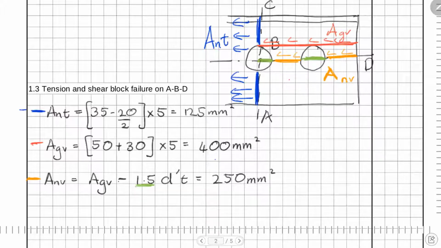Now, continuing on, we need to almost think of it as a sum of forces, so that when we pull on this section with our total force TU, or if we're going to calculate the resistance, it's TR, and the resistance will be the areas added together.